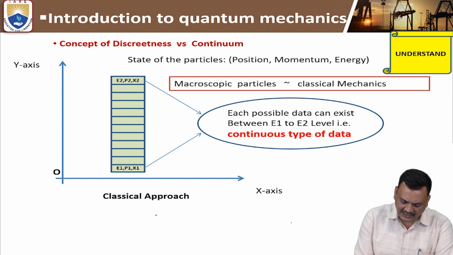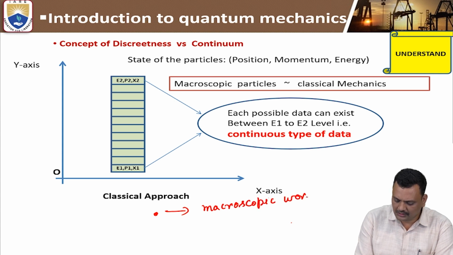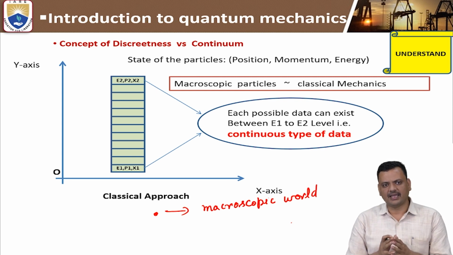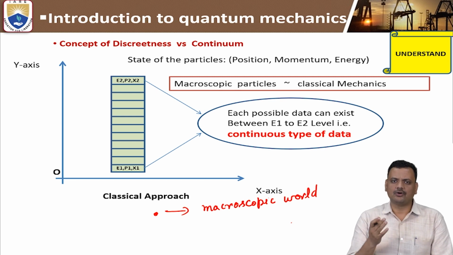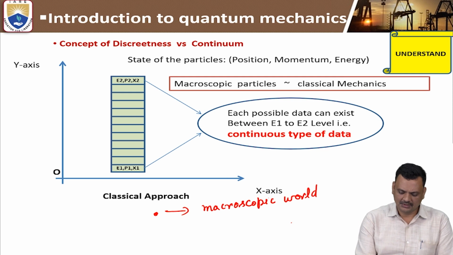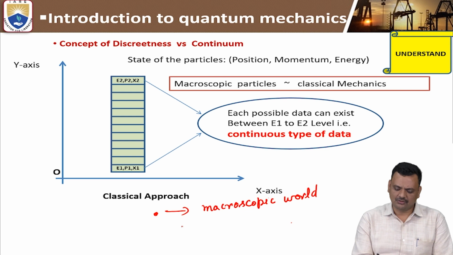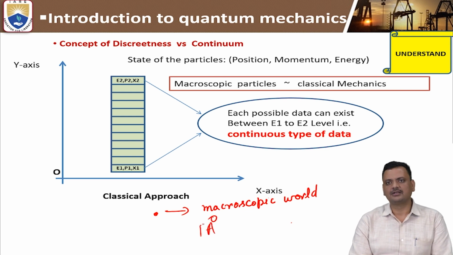Basically, classical mechanics deals with the macroscopic world, where you can see any particle with your naked eye. But when you go to the subatomic level, at distances near the 1 angstrom level, this classical approach fails.